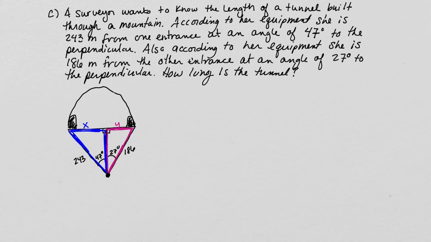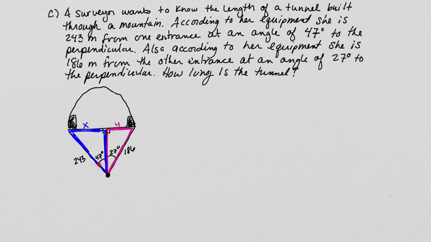So if we go with the blue part first, can we think about some kind of relationship that relates the angle 47, the side 243, and the side X? Close, not cosine, but sine. Remember, cosine would be the adjacent side over the hypotenuse. We want this side here, which is the opposite of the 47, so it's across from the 47.